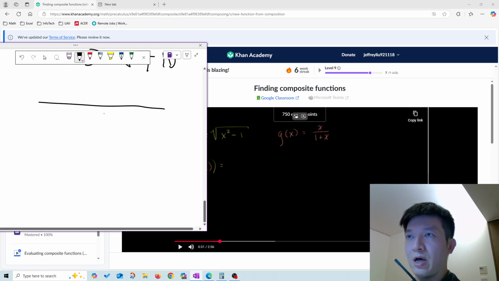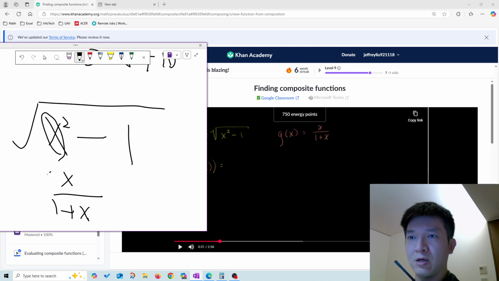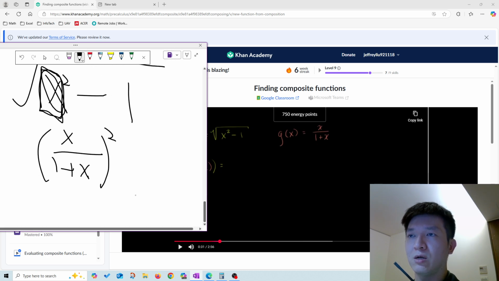So you have a complex expression, of course you're going to have this as your f of x, but the whole x, as I said before, has been replaced by the complex one, which is 1 plus x, and the whole thing will be squared. Think of it as a big square, like a square you can replace by any numbers you want, but in this case it's going to be another rational expression.